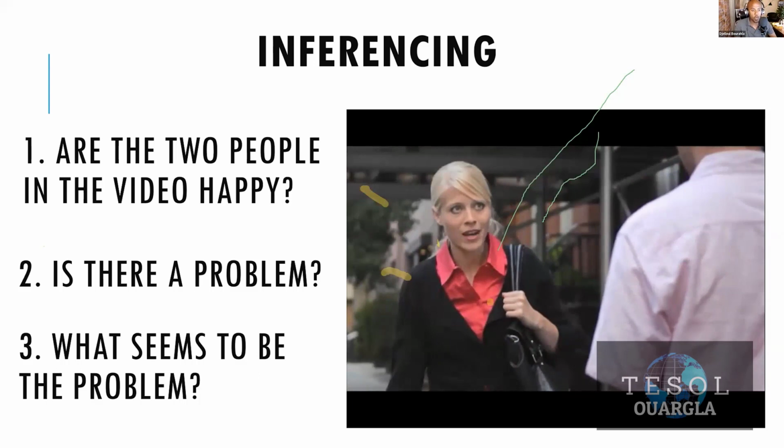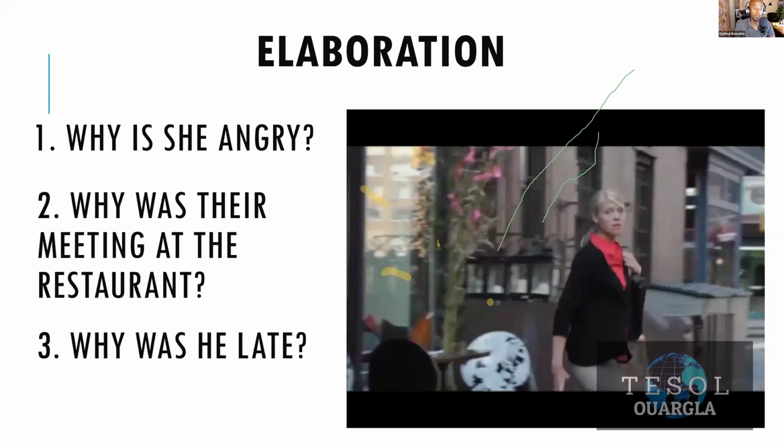You can go on into questions about elaboration. Why is she angry? Why was their meeting at the restaurant? Because it was a date, for example. Why was he late? Etc. And you can do all of this in the inferencing part, that is with the muted audio, or later on when you have the audio on.